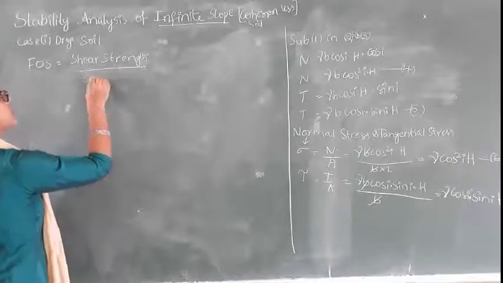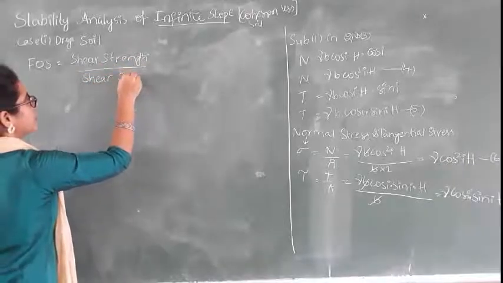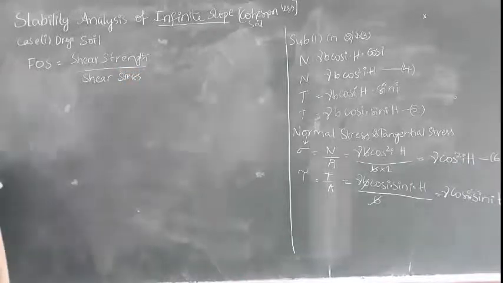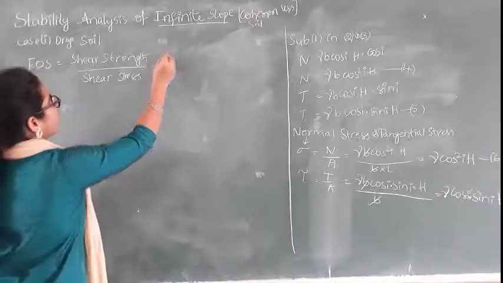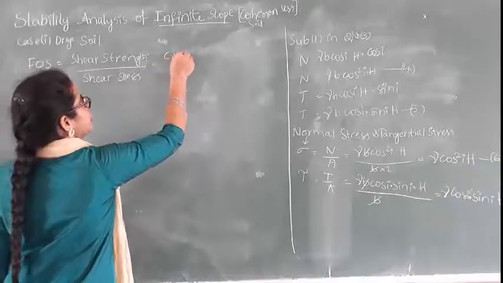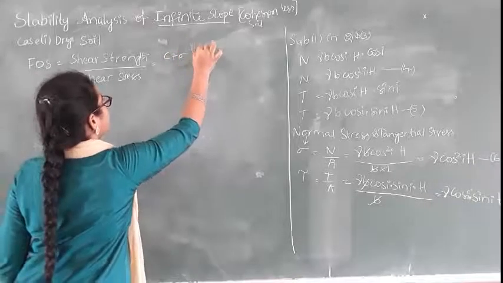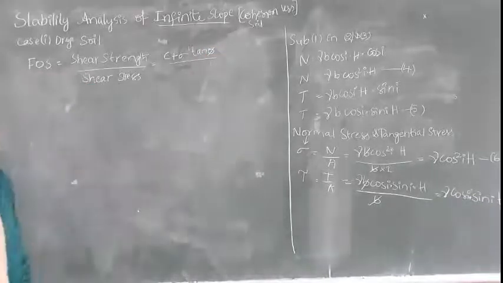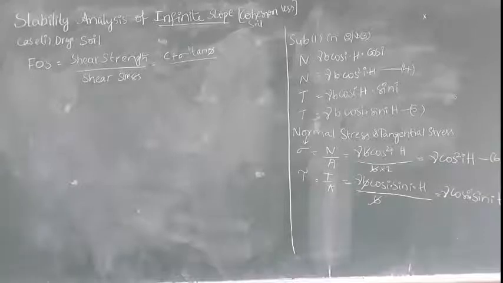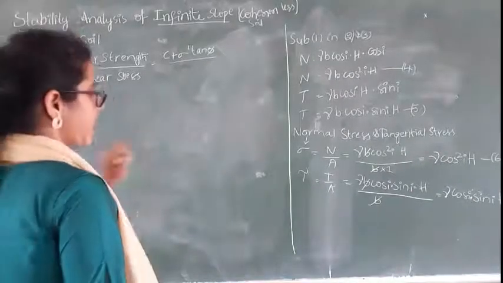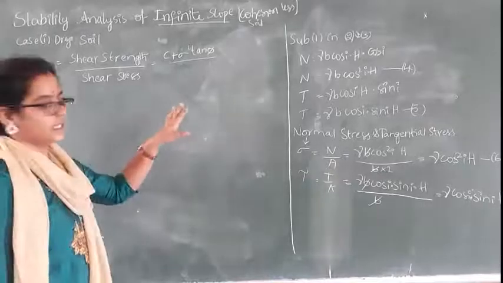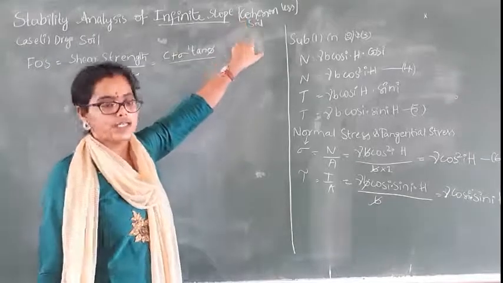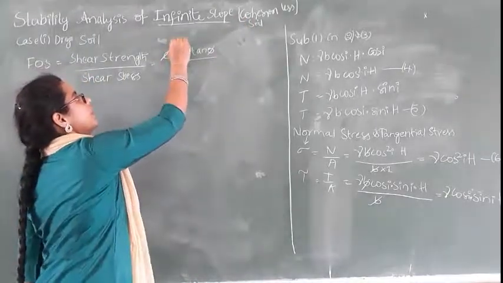From Coulomb's equation, the shear strength can be written as C plus sigma dash tan phi. But our condition is that we are defining the factor of safety for cohesionless soils, so C will become 0.